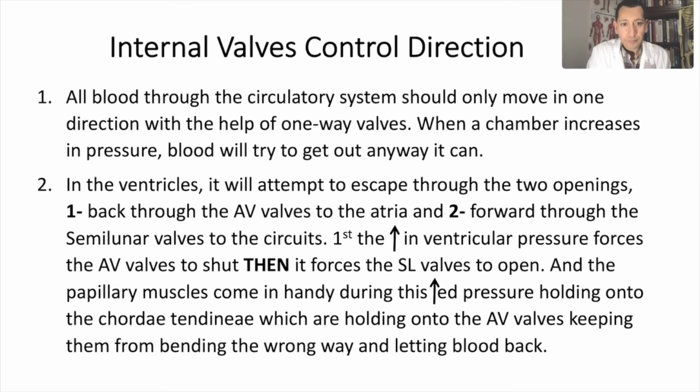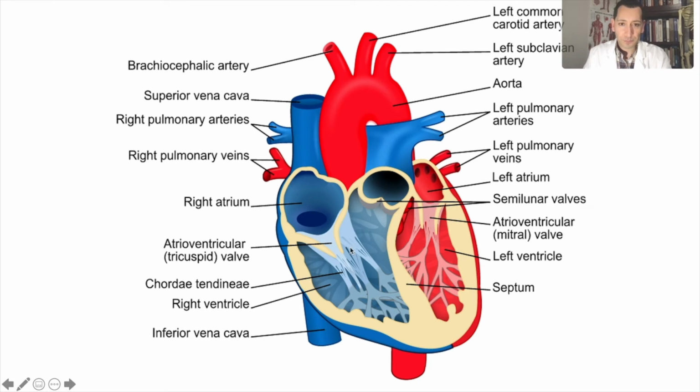Okay? And while all that is happening, the papillary muscles hold on to the chordae tendineae. The chordae tendineae hold on to those two atrioventricular valves, making sure that those valves don't bend the wrong way and let blood back the wrong way. Does that make sense, you guys?